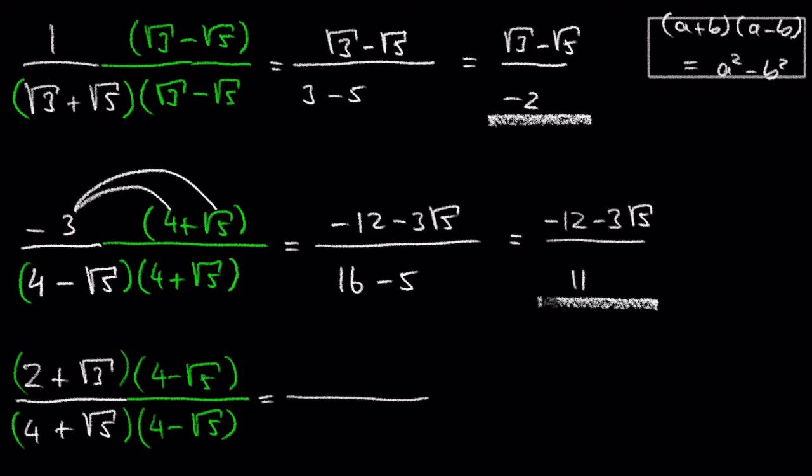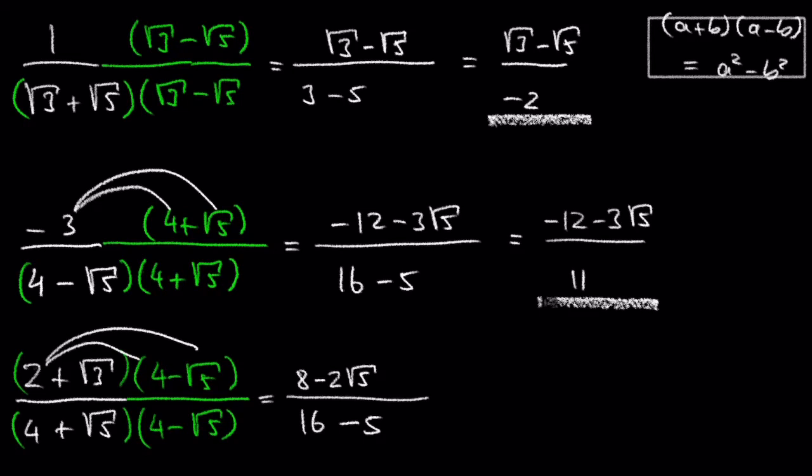Four squared is 16, and the square root of 5 squared is 5. 2 times 4 is 8. 2 times negative the square root of 5 is minus 2 times the square root of 5.